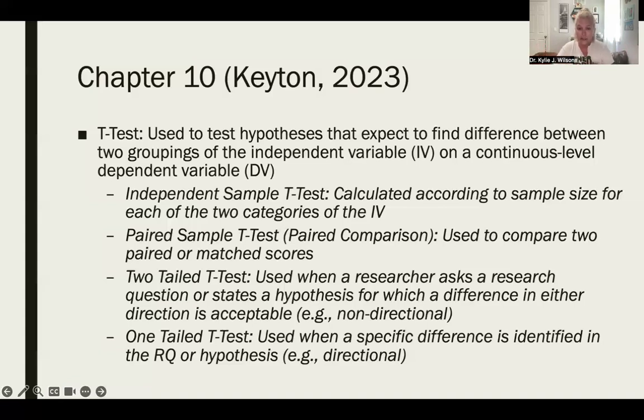Paired samples. We use these to compare two paired or matched scores. I'm not so good with paired samples t-tests. They always trip me up. So I know that we have two matched scores.